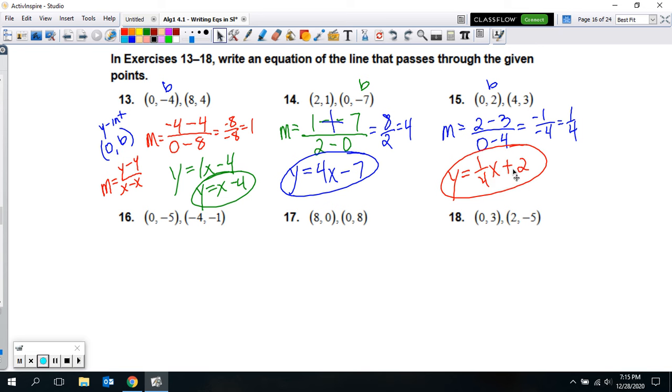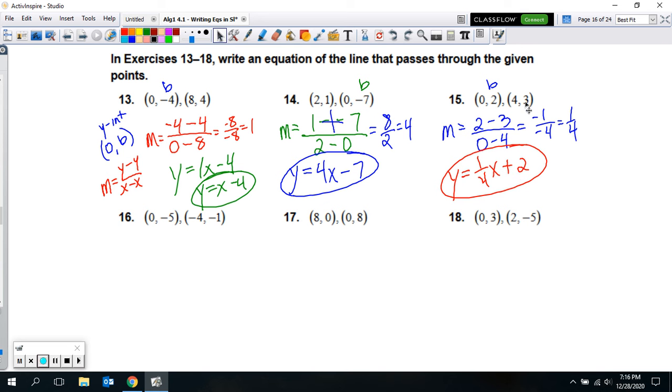Now you might wonder, what if I'm not given this y-intercept as one of our ordered pairs? What do I do then? Well, at that point, you would only be able to write this first part of the equation. You wouldn't know the 2 yet. And so what you could do is write it out with, instead of a 2 here, a b as a variable.